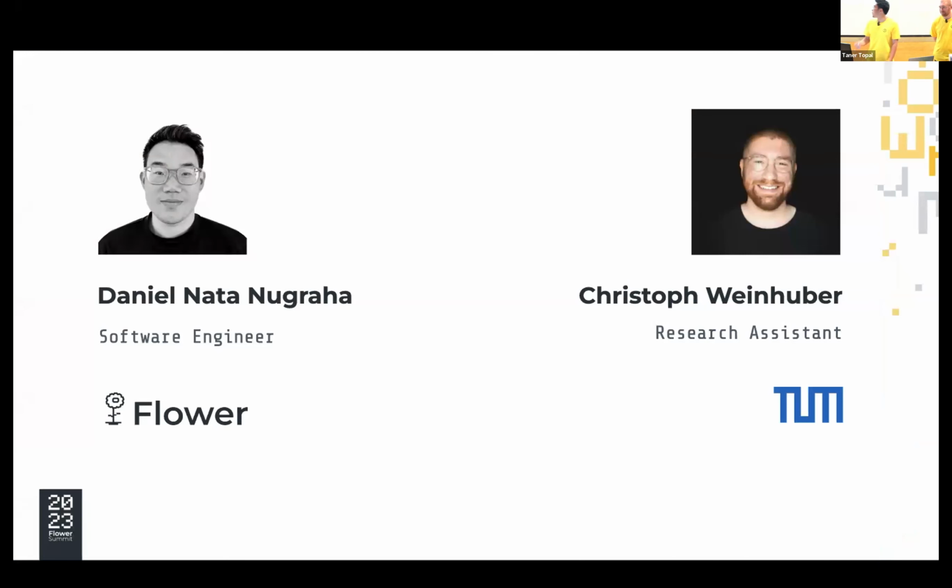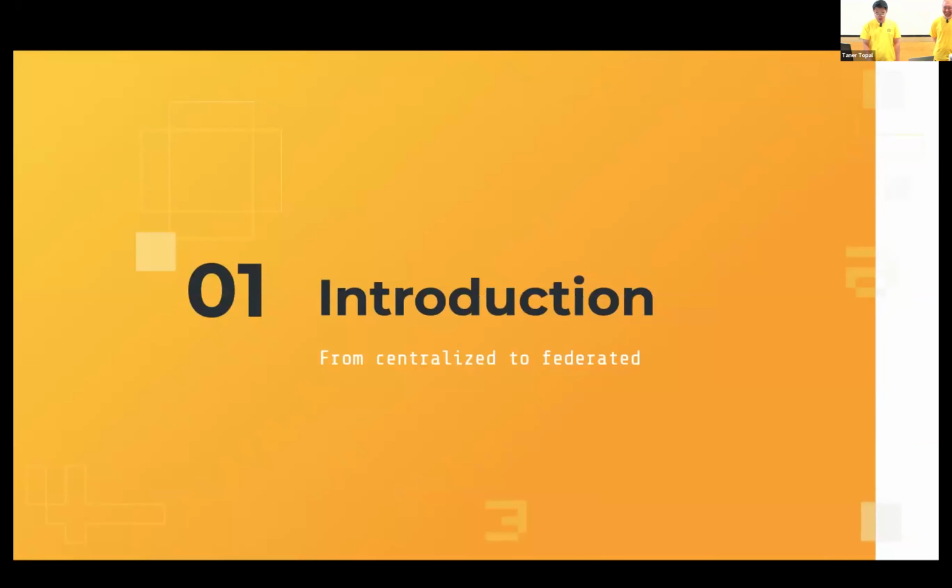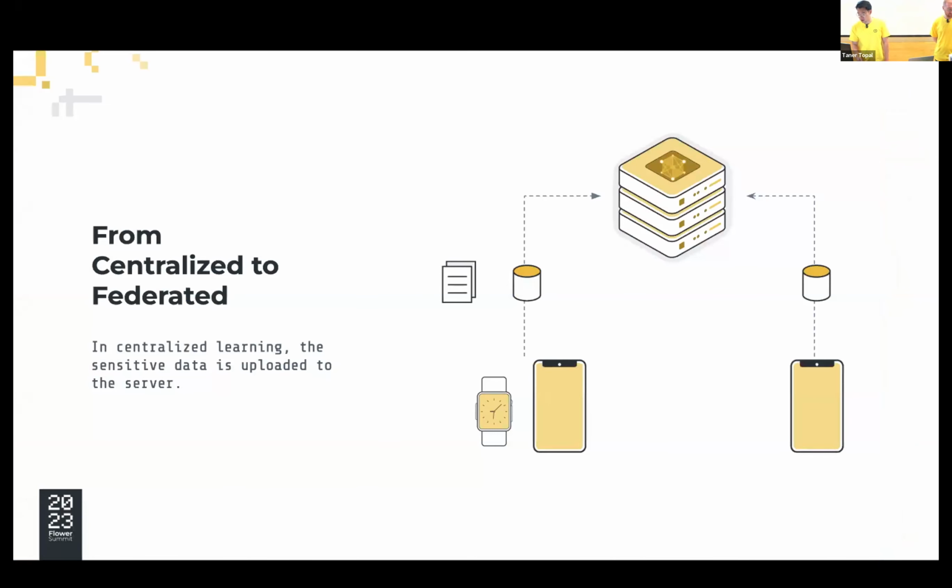So this is the slide where I just mentioned you before. And let's start by recapping the tutorial yesterday about what is FL. Let's start with centralized learning, the current infrastructure in the industry.